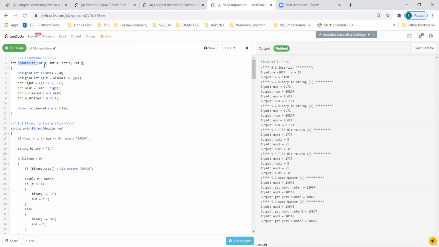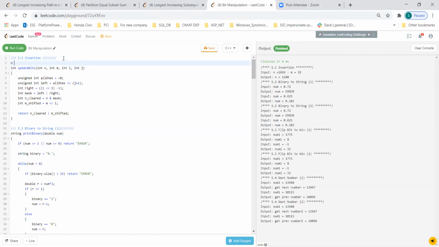Here this is n and this is m, and m will be a smaller number. Earlier n was something like 1 0 0 0, 11 bits, and then m was 1 0 0 1 1, I was equal to 2, and j was equal to 6.